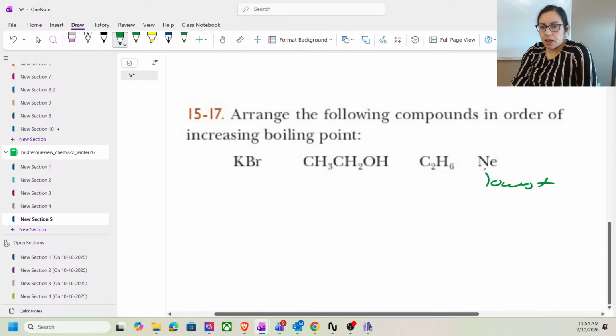And then what's going to be next? So I'll put this as 1. So C2H6. So again, pretty small and nonpolar as well. And then what's going to be next? So kind of have to figure out what's the difference between KBr and this ethanol.